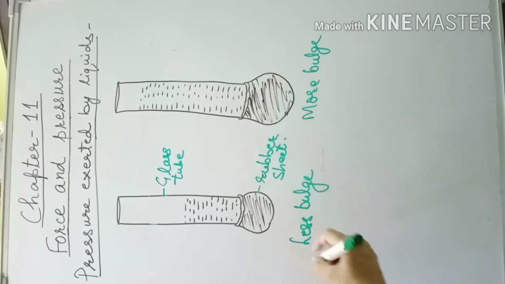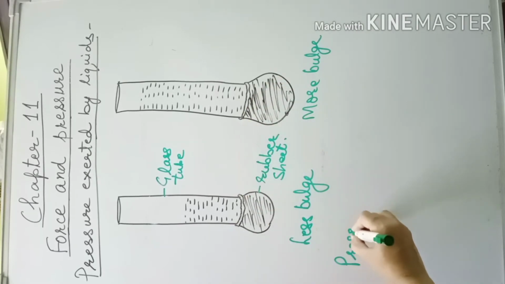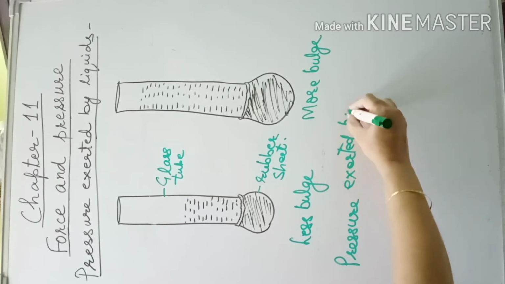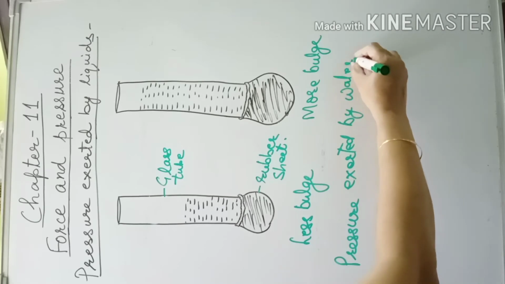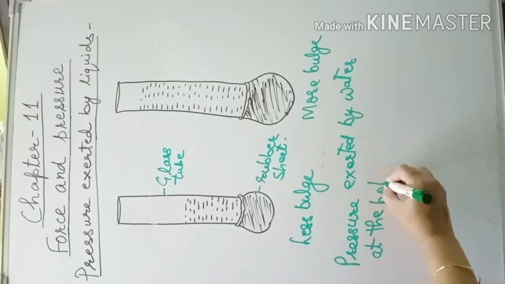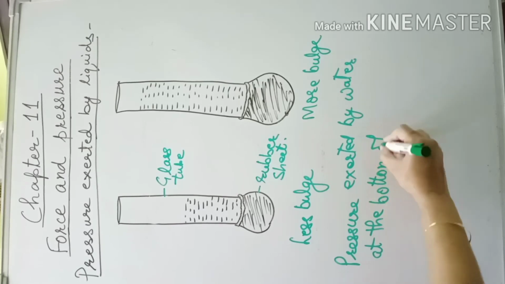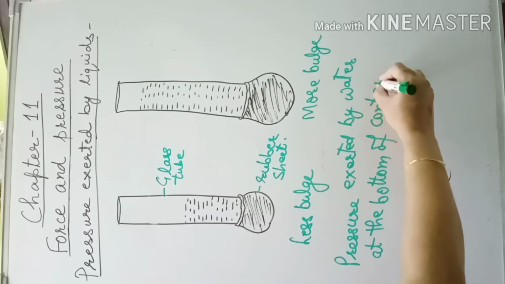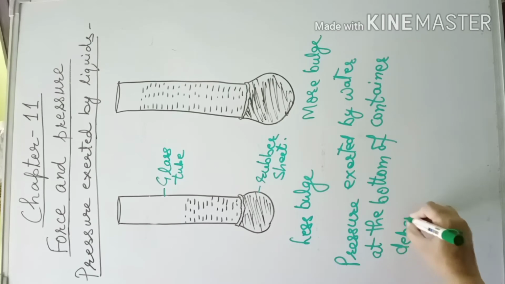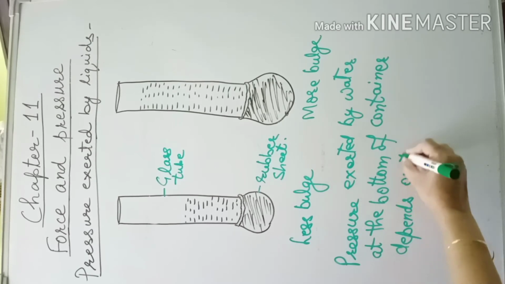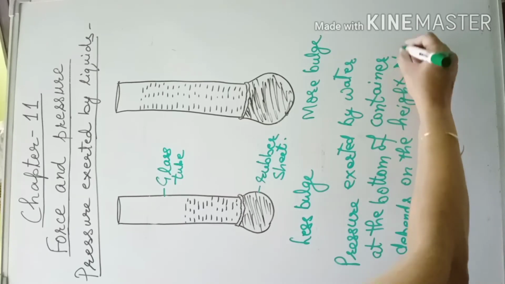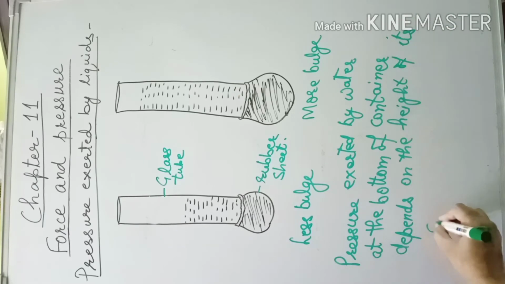So this shows that pressure exerted by water at the bottom of the container depends on the height of its column.